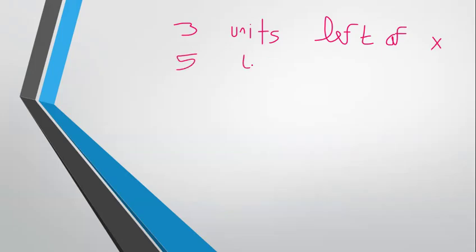Let's say if a point lies 3 units to the left of the y-axis and 5 units below the x-axis, and we have to find such a point.